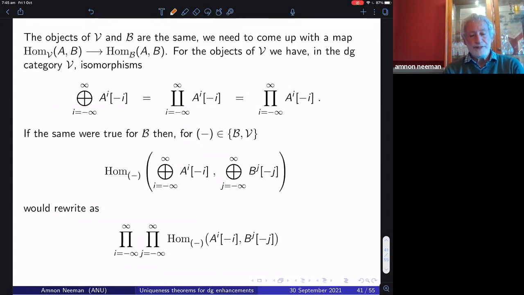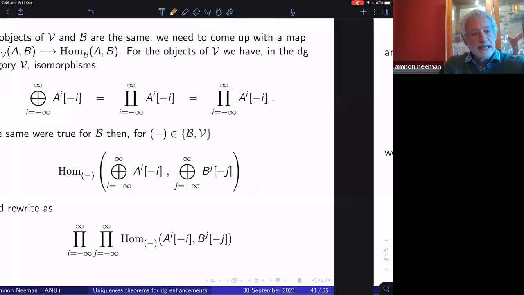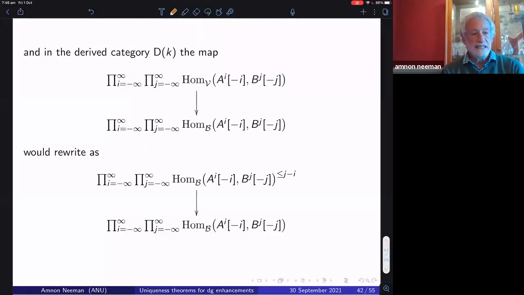So in the category B, this isn't quite true, but if we pretend it's true, then in both categories, you could write hom from an object in V to an object in V as a giant product, and the map from hom V to hom B is just a T-structure truncation.